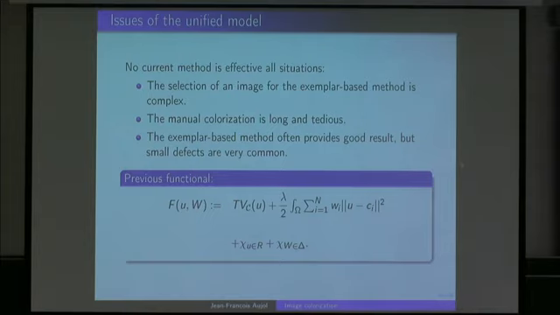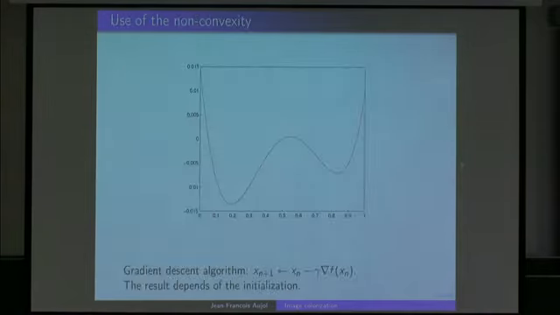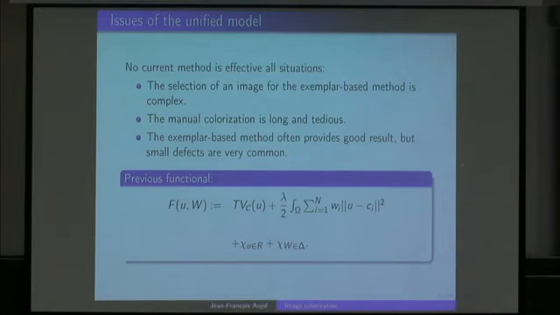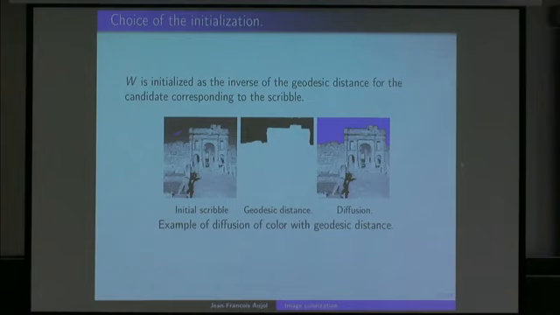So what we have decided to do is to add some possible candidates, and for that we will make use of the non-convexity of the functional. The basic idea is that we will allow the user to put a scribble on the image, but we don't want the user to put many scribbles. We just want him to put a few scribbles in the image to help get a better colorization result.